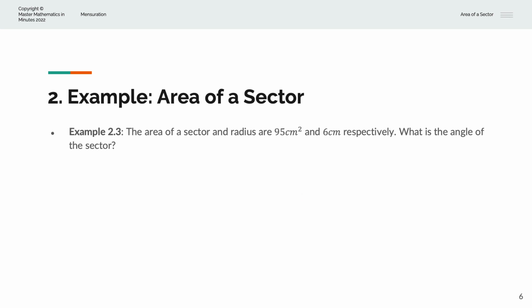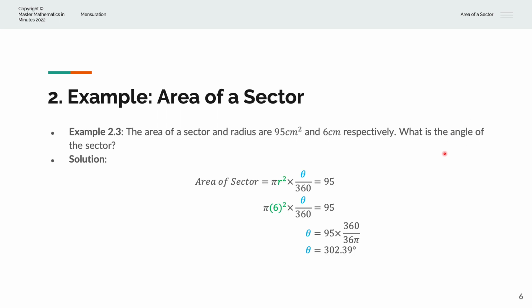In the third example, we're given the area of the sector and radius, which are 95 centimeters squared and 6 centimeters respectively, and we're asked to calculate the angle of the sector. So, we have the area of the sector equal to pi r squared multiplied by theta over 360, and we'll set it to be 95 from the question above.